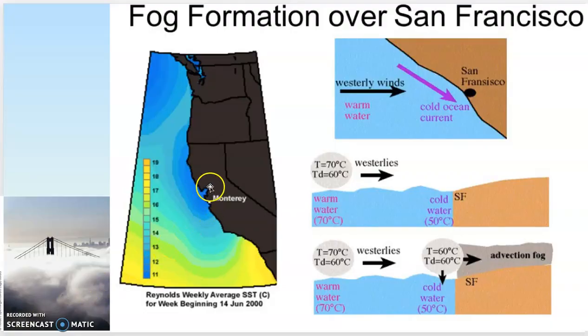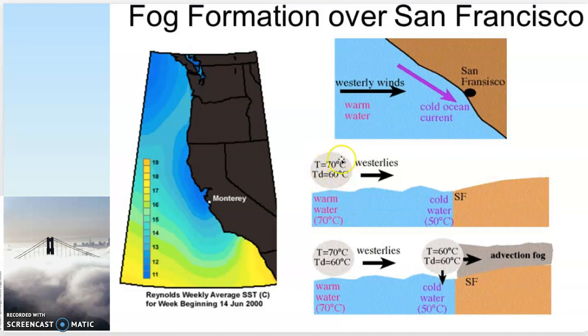This is the San Francisco Bay Area. This is a Pacific current which forms a very cold segment right near San Francisco. We're going to learn why in chapter 7 when we talk about circulations. But for right now, accept that there's a really cold current right near San Francisco.